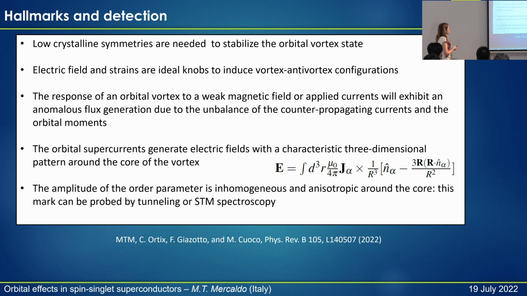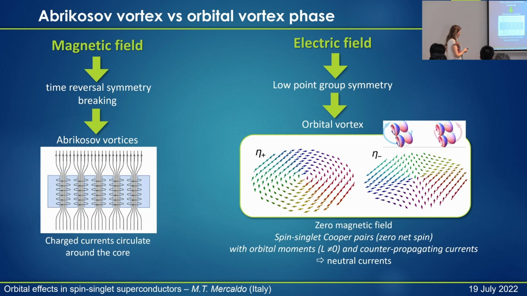Then also this orbital supercurrent can generate electric fields, which will have this kind of pattern around the core. So this could also be a way to detect this kind of state. And lastly, since the amplitude of the order parameter is not homogeneous around the core, this can be probed by STM spectroscopy.